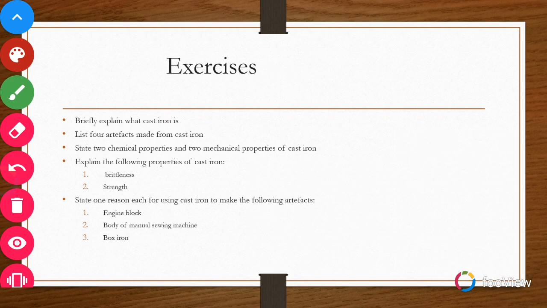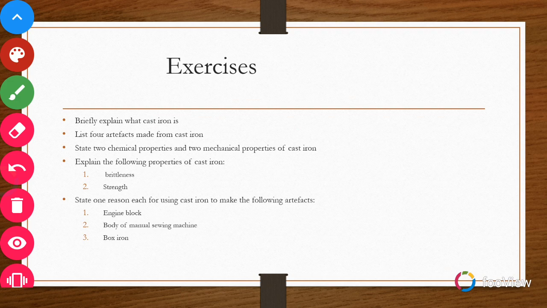So now that we have seen the properties, the uses, and even how to identify cast iron, I would entreat each and everyone here to carefully read through this exercise and then try as much as possible to answer all of them. The first one, you are to briefly explain what cast iron is.